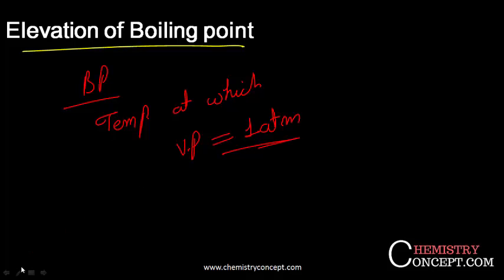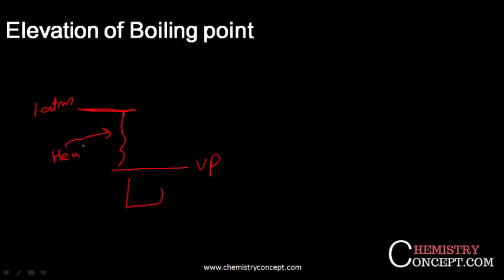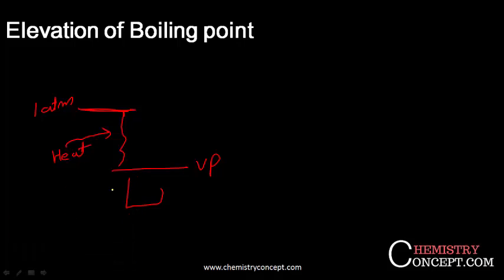Okay, now let's understand one thing. Let's say I have a liquid which has some vapor pressure, and I have to make its vapor pressure equal to 1 atm in order to boil it, and it will require some amount of heat. Now if I add a non-volatile solute, what happens?